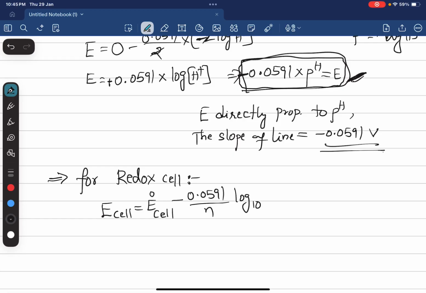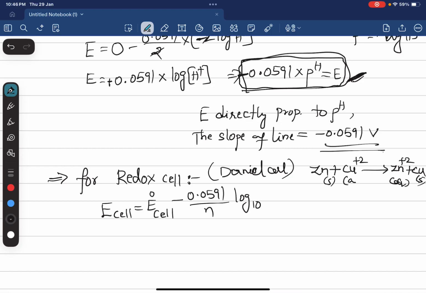In case of the Daniell cell, Zn plus Cu2 plus converted into Zn2 plus plus Cu. This is the equation which we get. These are solids, and these are aqueous ions. Then what is the result? Zn2 plus by Cu2 plus. So this is the equation for the Daniell cell or redox cell.